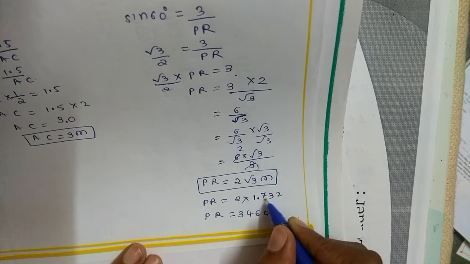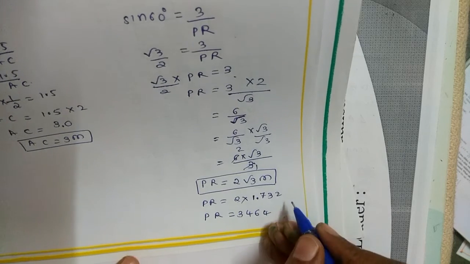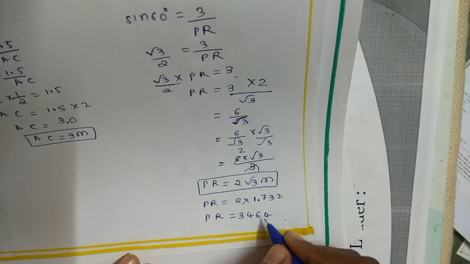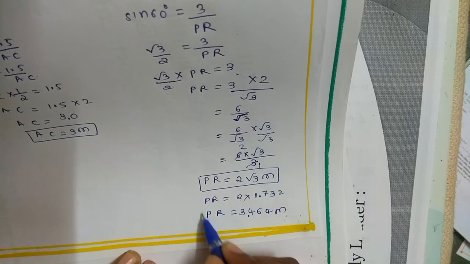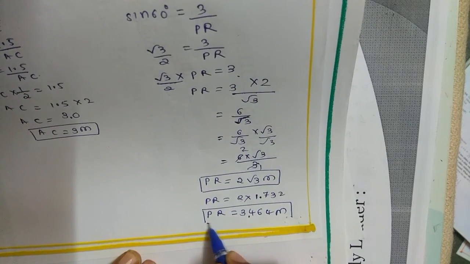So after 3 digits you have to put the decimal point from the ones place. So 3.464 meter is the actual length of the second slide.